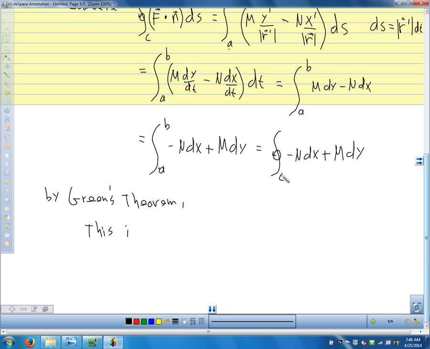what we do to evaluate this line integral using Green's theorem is we take the partial of this second quantity with respect to x, and we subtract the partial of this quantity with respect to y. So that's the double integral over r of dm dx plus, because I'm subtracting a negative, dn dy, dA.